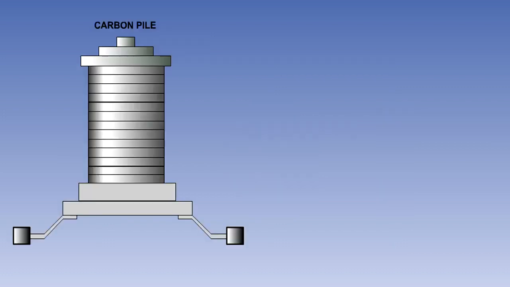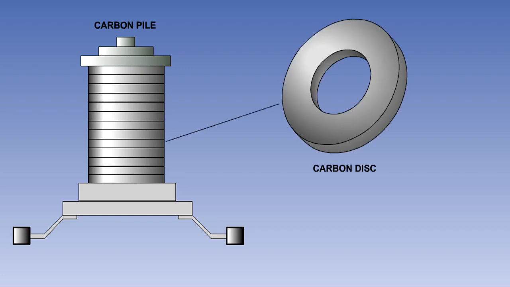A carbon pile voltage regulator uses a carbon pile as a variable resistor. The carbon pile is a stack of carbon discs, whose overall resistance is inversely proportional to the amount of compression of the stack.